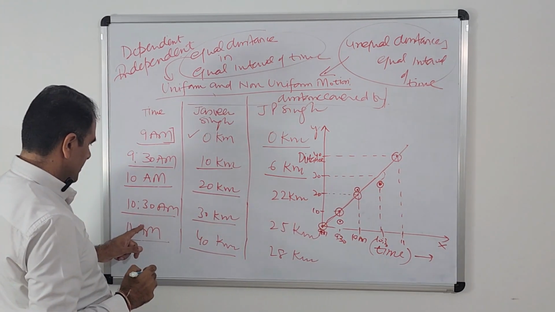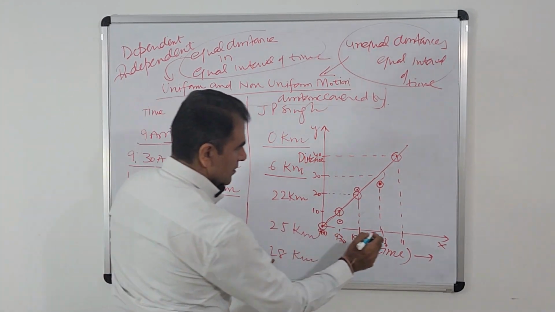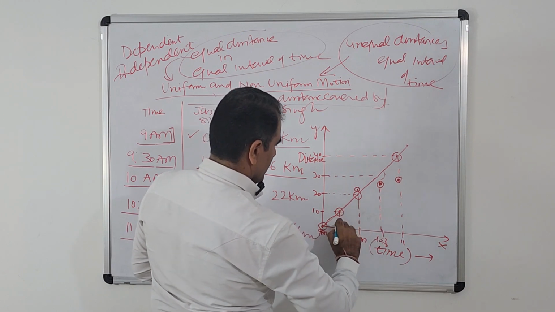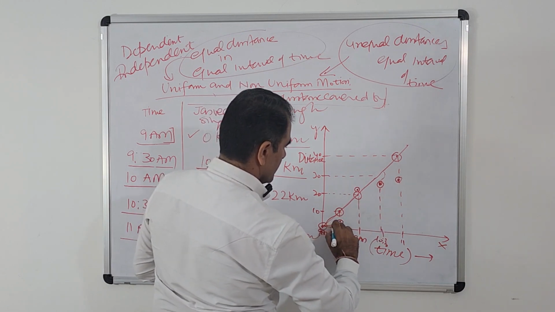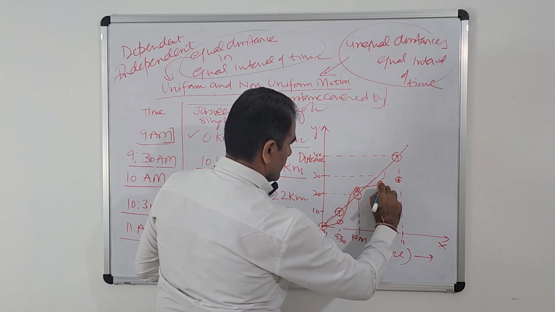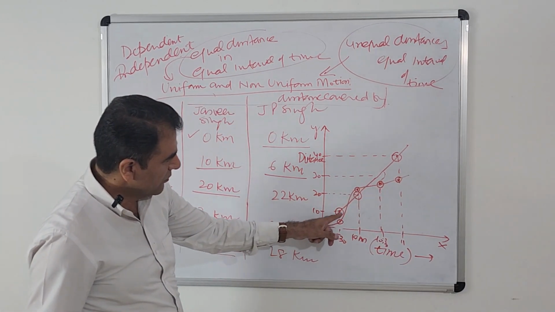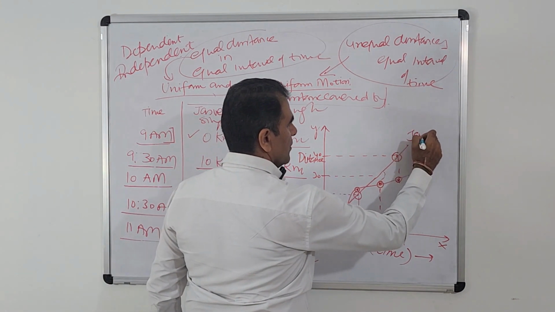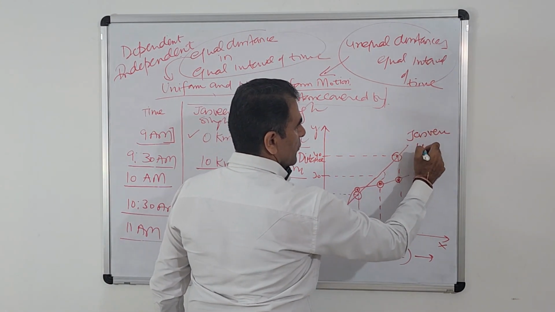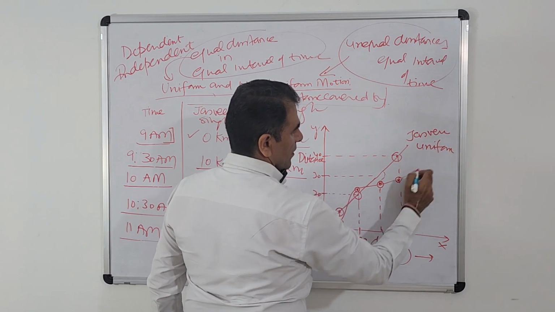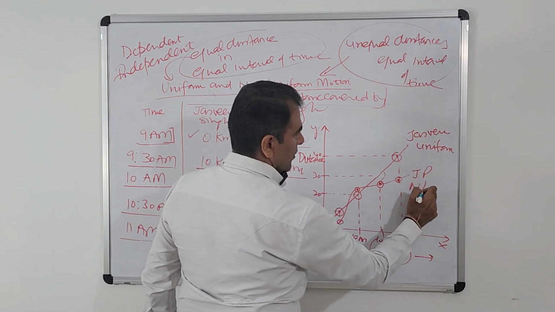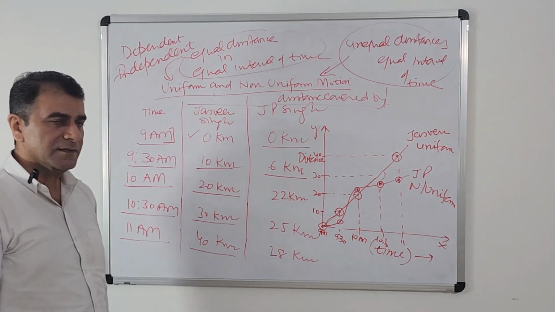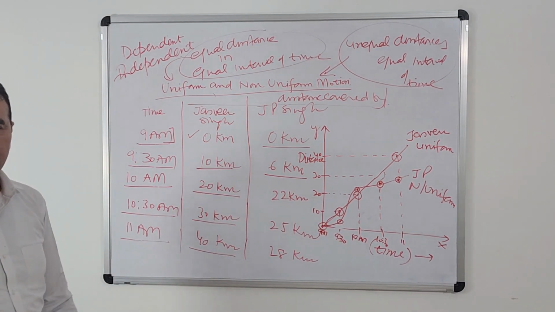Okay, then 11, 28. 28 is approximately here. So this is the graph for JP Singh. This is Jasveer's graph, uniform motion, and JP Singh non-uniform. Right? It's simple. Thank you.